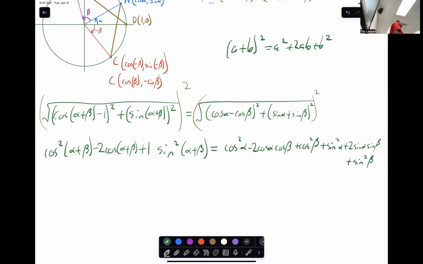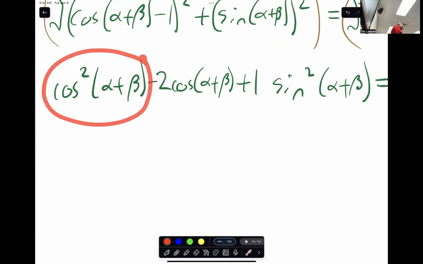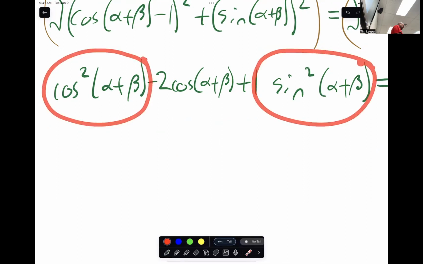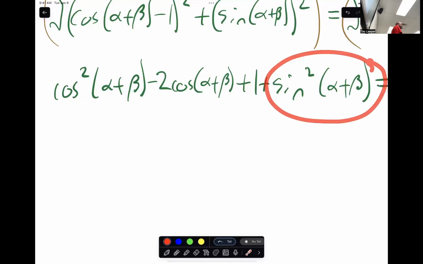Well, here's the thing. Notice, first of all, on the left-hand side, that I have cosine squared alpha plus beta, plus, and then here, sine squared alpha plus beta. What is cosine squared plus sine squared? 1.